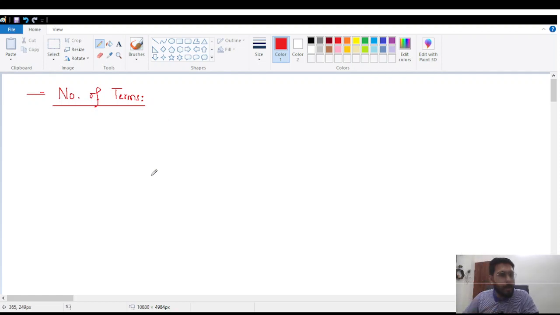Based on the number of terms, a polynomial can be classified into majorly three categories. Why am I saying majorly? Because there are infinite categories in which a polynomial can be classified, but majorly three. The first category is monomial.